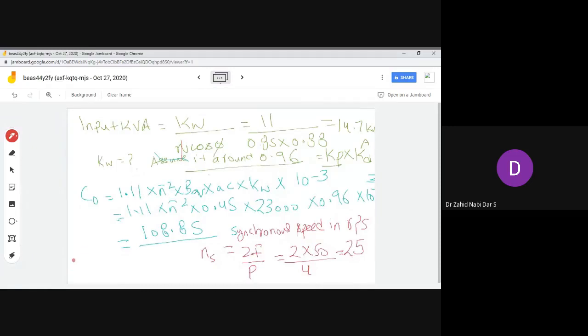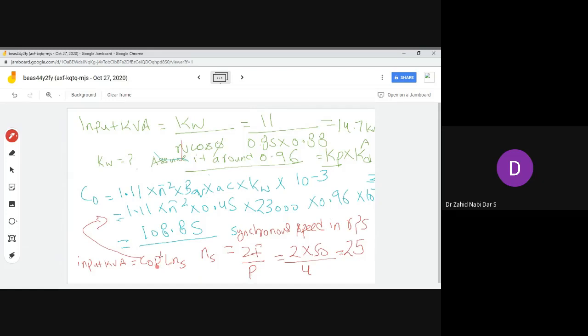So what is the output equation? In terms of output equation, my input kVA would be equal to C naught D square L NS. This is the equation because C naught is this value.